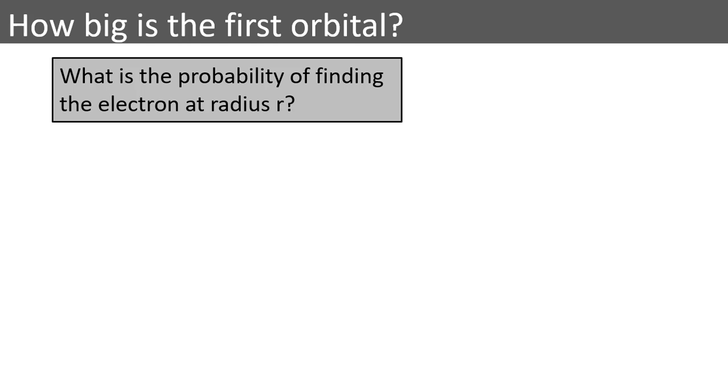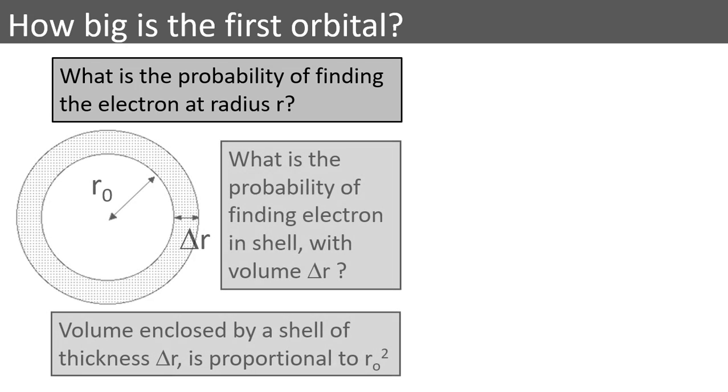So we could ask, what is the probability of finding the electron at some distance r from the nucleus? Actually, we need to sample with a finite element to obtain a meaningful probability. So imagine a shell of radius r and a thickness delta r. Actually, the volume of such an element increases as r increases linearly.